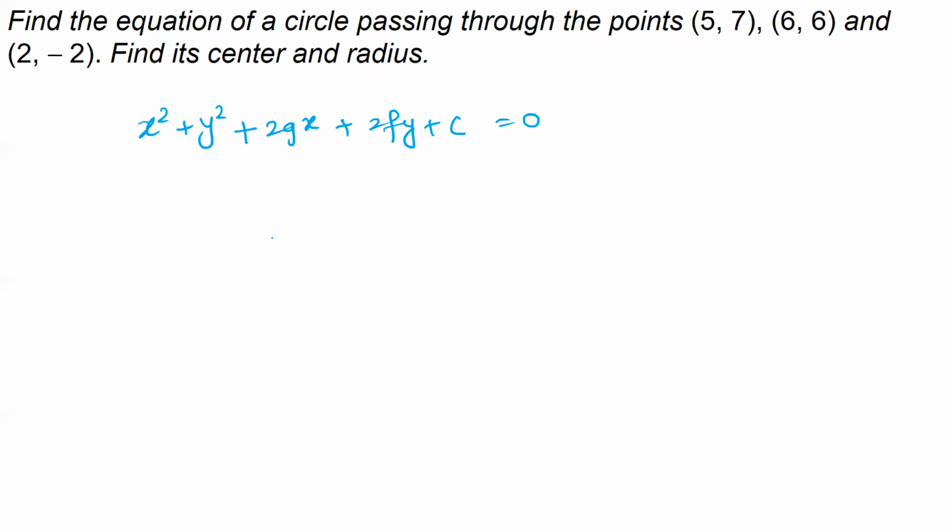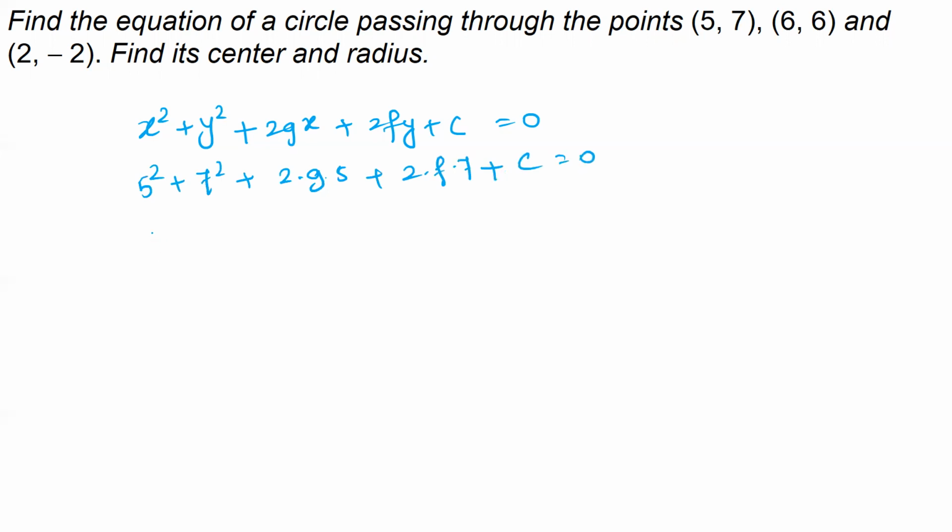All right. So we know that the circle passes through 5 comma 7, right? So let's quickly put down these values. So 5 squared plus 7 squared plus 2 times g times 5 plus 2 times f times 7 plus c is equal to 0.